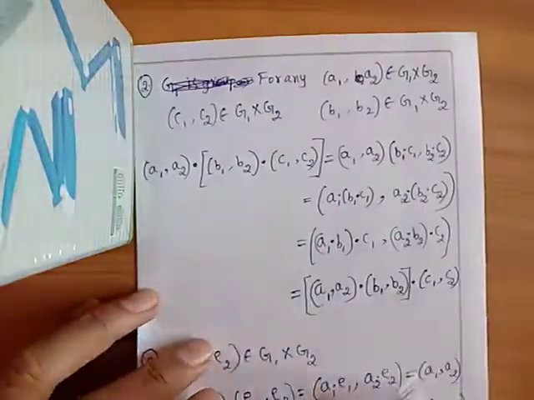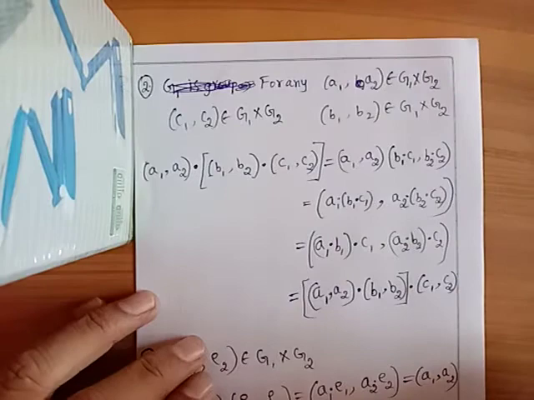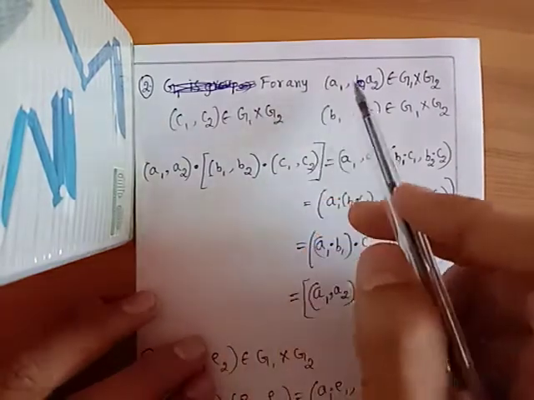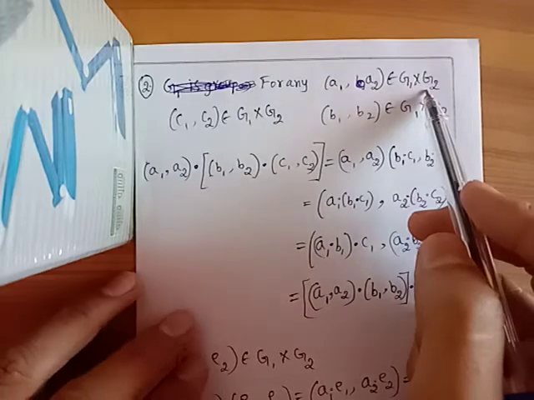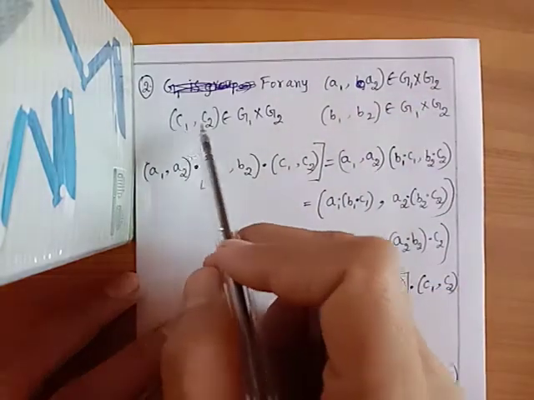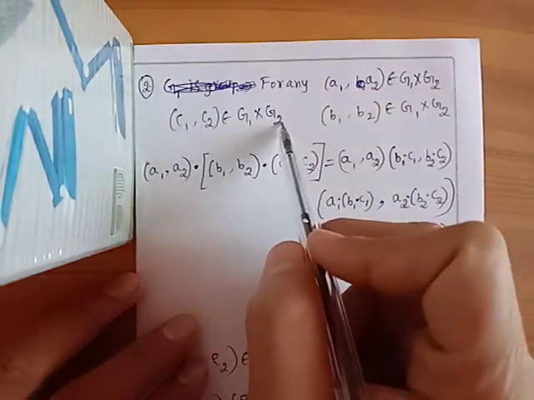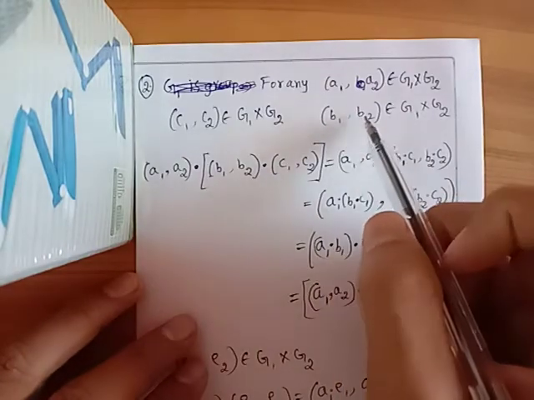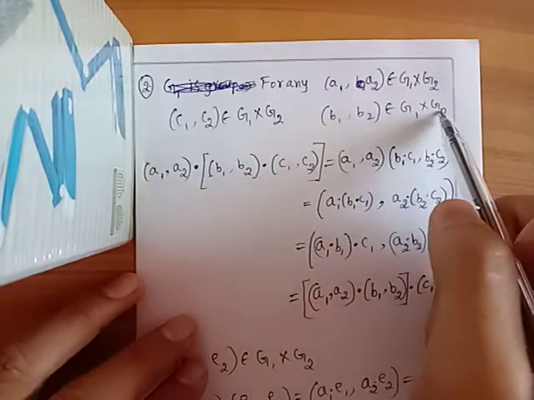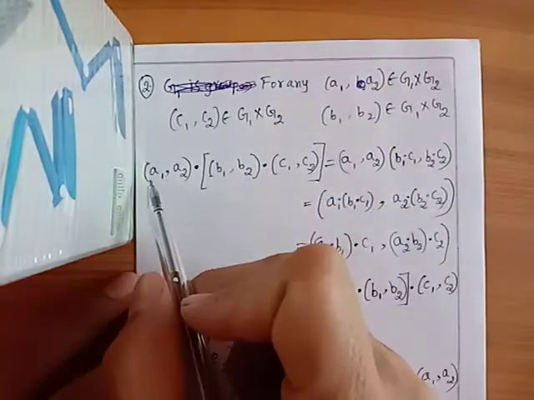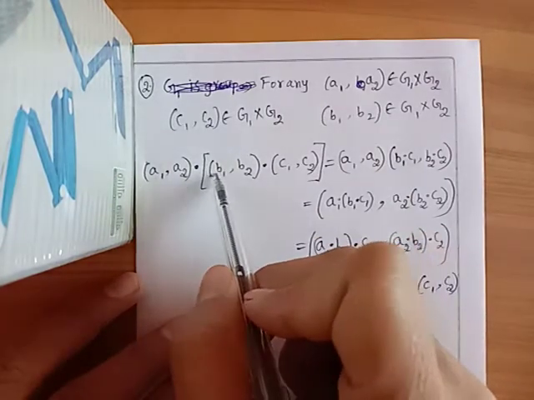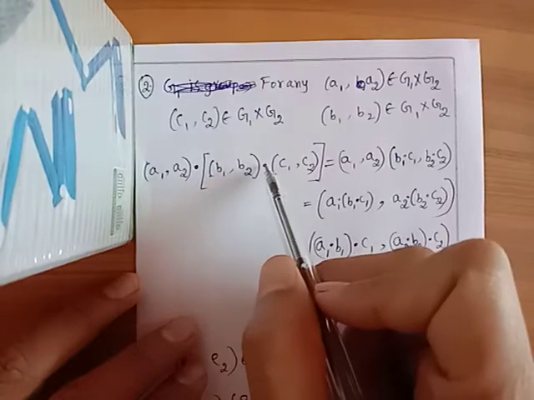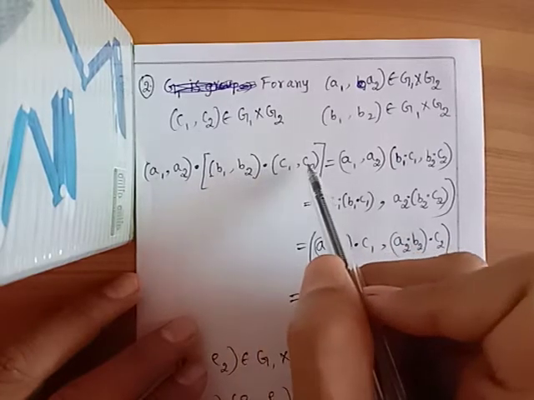Similarly, we have to prove the associative property. For any (A1, A2), (B1, B2), (C1, C2) belonging to G1 cross G2, consider (A1, A2) into (B1, B2) dot (C1, C2).